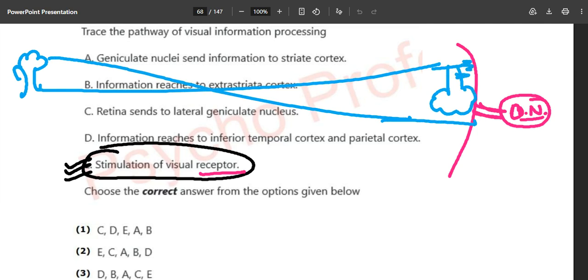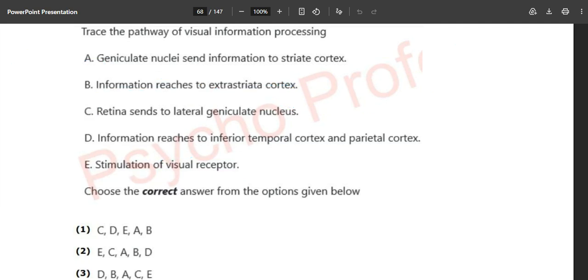Once this image is produced, the visual receptors, the rods and cones, are stimulated. Once they are stimulated, the information goes through the optic nerve. Next comes the option retina sends to lateral geniculate nucleus. So E will come first.